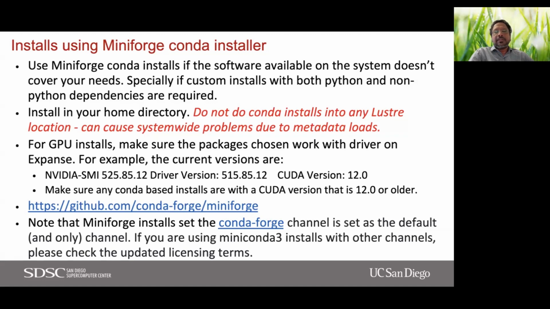Lustre file system. This is because conda installs create lots of very small files, and that can cause system-wide problems if you try to load them from a lot of different nodes at the same time. Essentially, you might have 50,000 small files in a Lustre directory, and if you try to load them from say 10 nodes, you're causing 500,000 requests all at the same time.